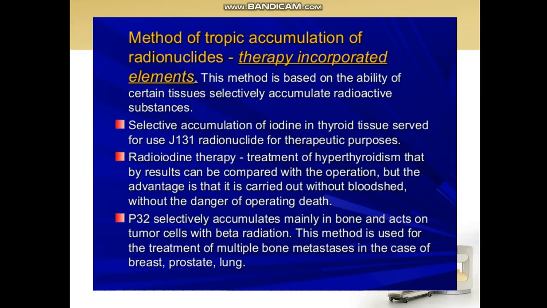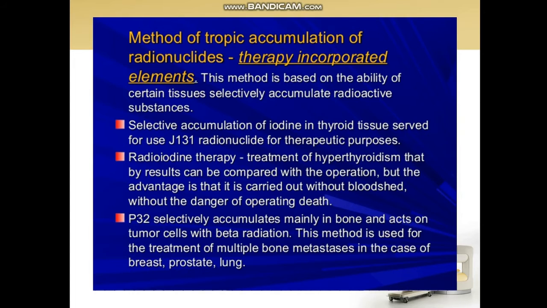Radioiodine therapy for hyperthyroidism gives results comparable with an operation, but the advantage is that it is carried out without bloodshed and without the danger of operating death. Phosphorus selectively accumulates mainly in bone and acts on tumor cells with beta radiation.